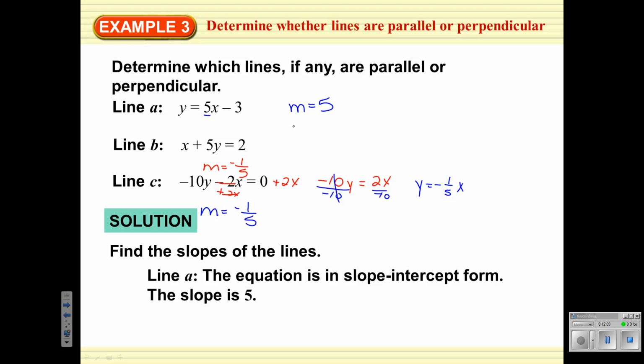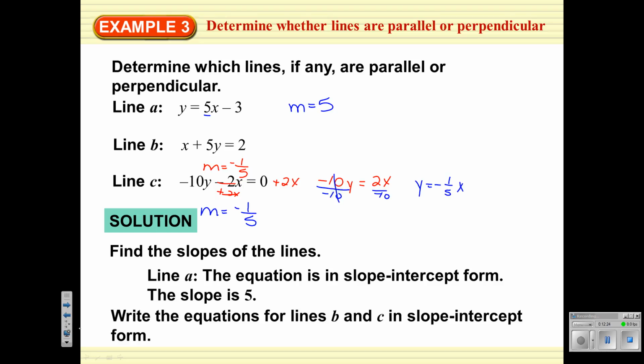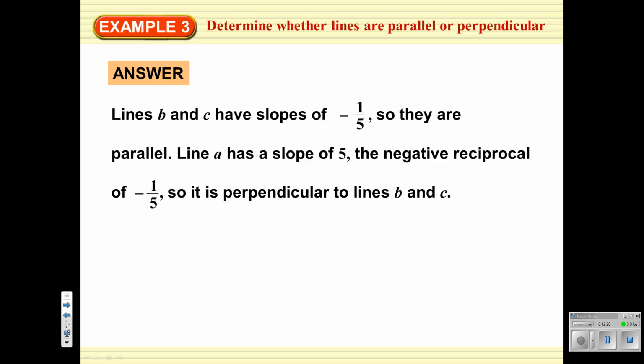Since the slopes of B and C are the same, B and C are parallel, and B and C are both perpendicular to line A. B and C have slopes of -1/5, so they are parallel. Line A has a slope of 5, the negative reciprocal of -1/5, so it is perpendicular to lines B and C. All right, stop the video and do the guided practice.